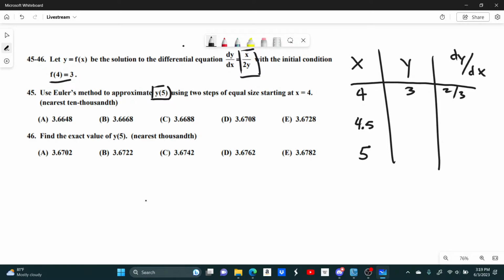So if the slope of my tangent line right there is 2/3, then if I increase my x by 0.5 to get to 4.5, how much is my y going to increase? Well, that's just going to be 2/3 times 0.5, right? So my y is going to be 3 plus that, which is just 3 1/3.